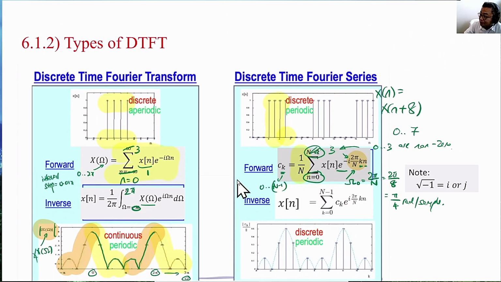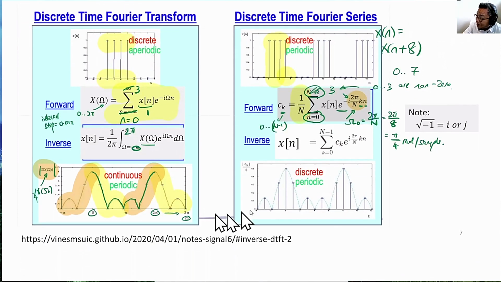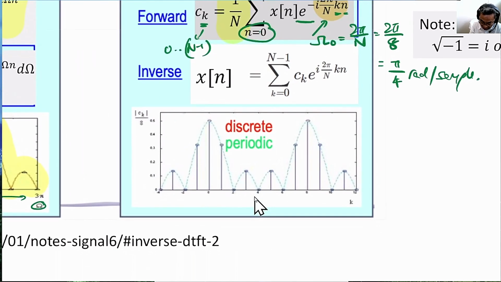So you realize that this guy and this guy here will generate the same value, except c_k will have 1 over N. Alright, let us see now what happens. These are the c_k's. This is C0. This is C1, C2, C3, 4, 5, 6, 7.